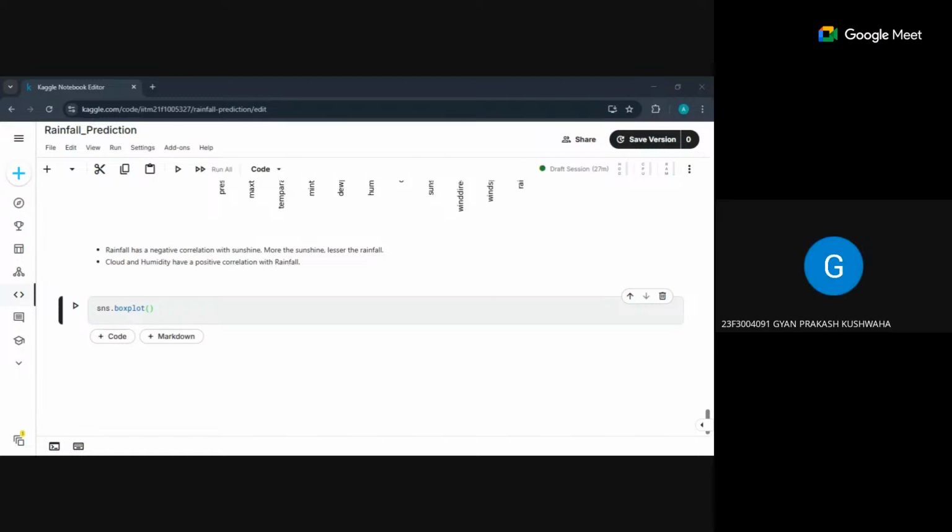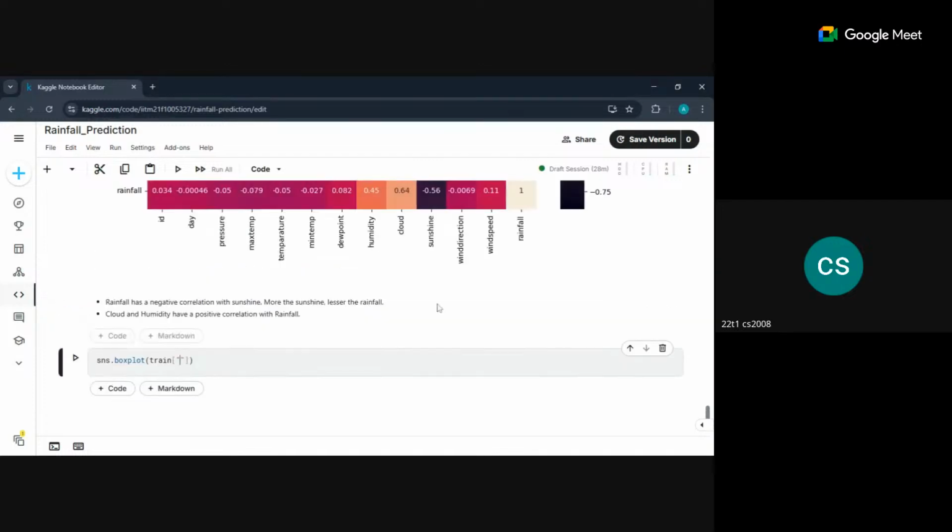Actually, for each feature we'll have to run a for loop, but for one feature we can simply put train and then square brackets and the feature name. So what should we plot it for? Let's pick temperature for now.